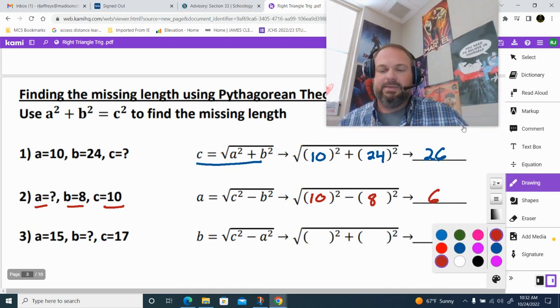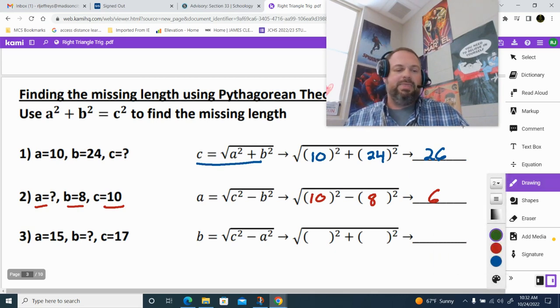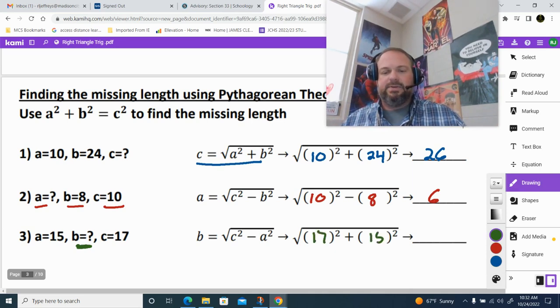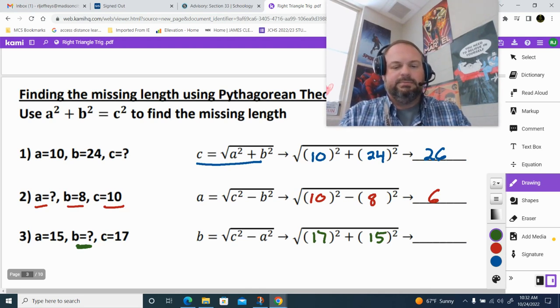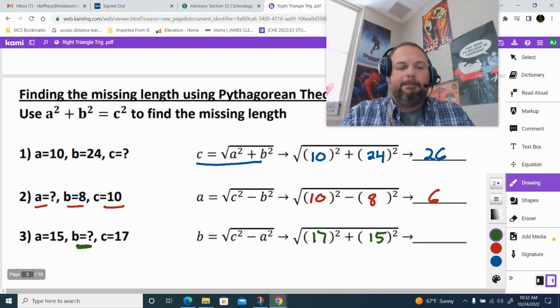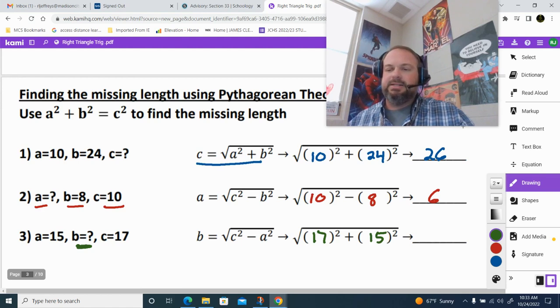All right. And then we're missing the middle side. So 17 and this is 15. Oh, that's supposed to be subtraction. I did not catch that.